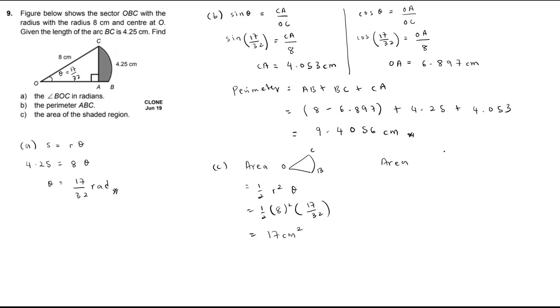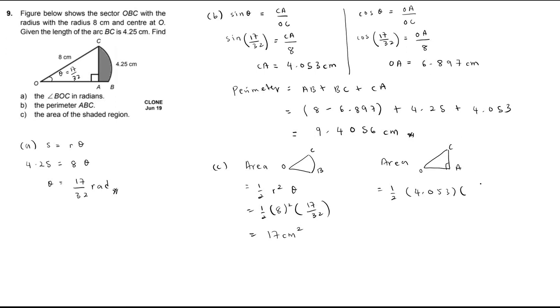And next, we want to calculate area of the triangle. Okay, triangle OCA. 1 over 2 multiply by the height CA, 4.053, and the base OA.